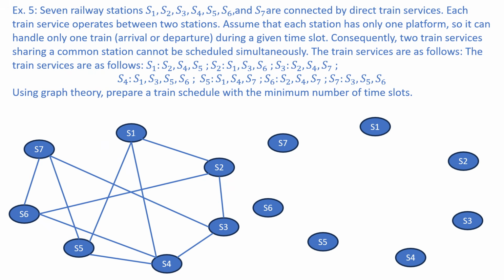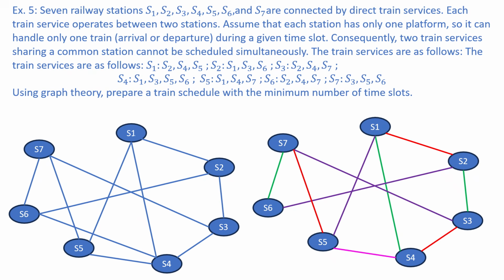There are 7 vertices. So let us color non-adjacent edges. So the minimum color required for edge coloring here is 5.